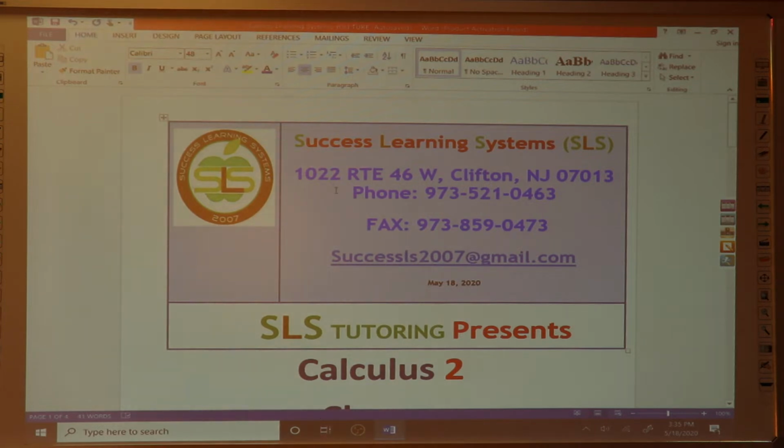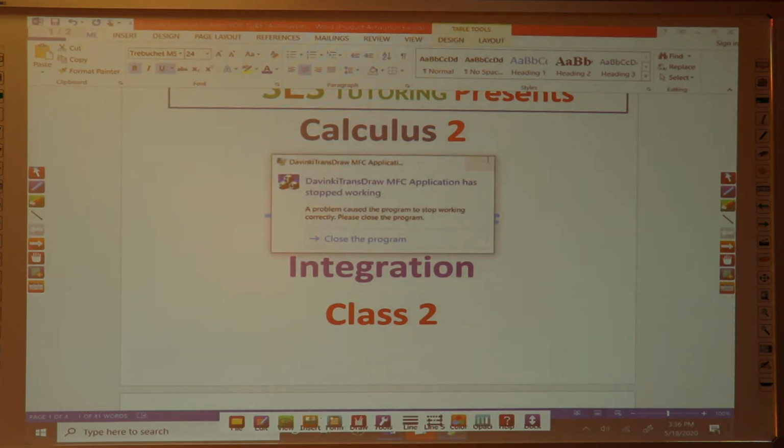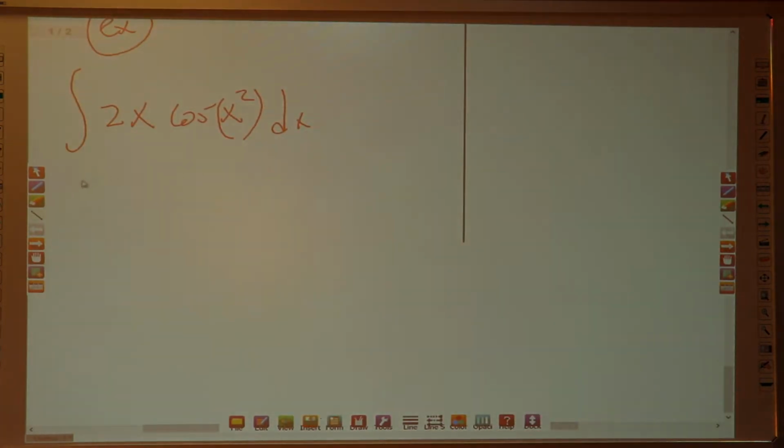If you have any question, you can text me here or send an email. This is the second class of techniques of integration. Techniques of integration will take many classes, because this is the foundation of calculus 2. Now let us map back to our problem. You are more than welcome to our classes. Okay, go ahead, start.